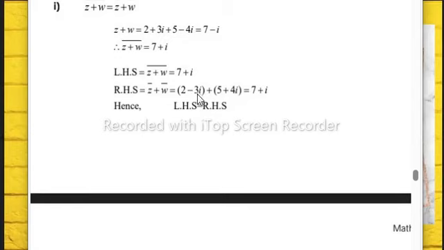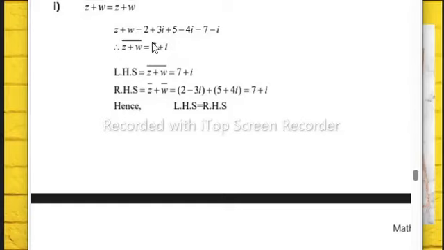Now we take a plus sign here and write w conjugate. The value of w was 5 minus 4 iota, but we take 5 plus 4 iota because we have to write the conjugate. Once again we add 5 with 2, so the answer is 7. Then minus 3 plus 4, the answer is plus 1 iota. Now the right hand side is 7 plus iota.